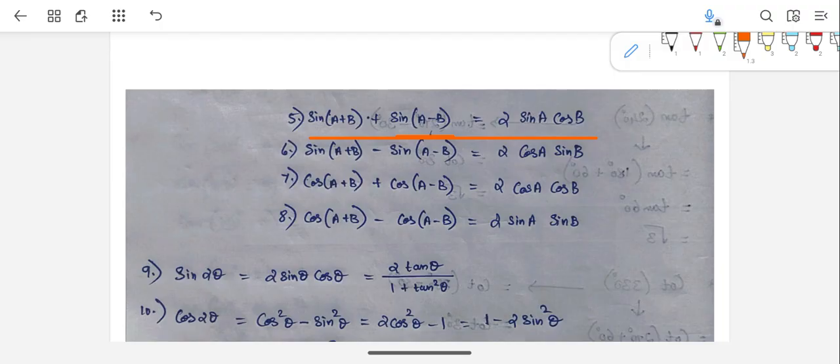For example, sin(a + b) is there, and a plus b is the format I am saying, right? I hope you got it. Just now we have seen an example also, like sin(90 + 45), right? So 90 plus 45 is there.